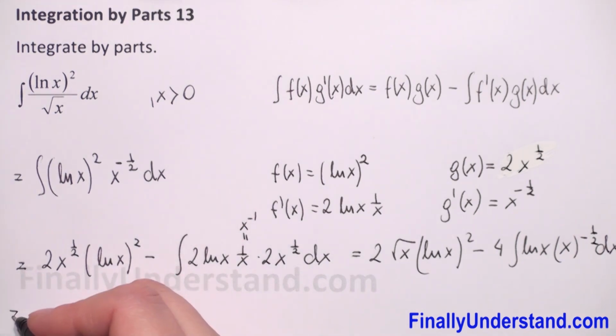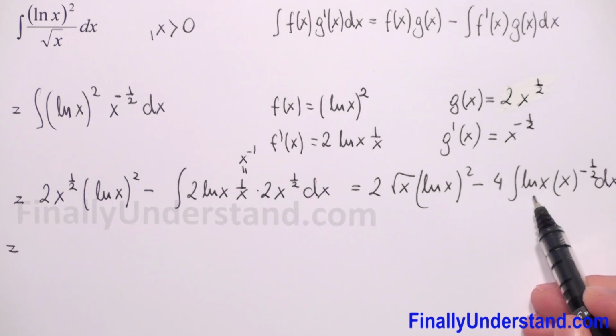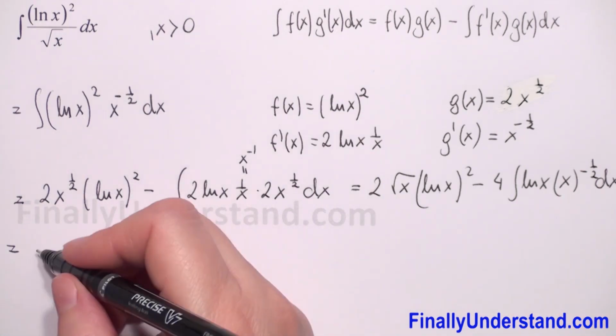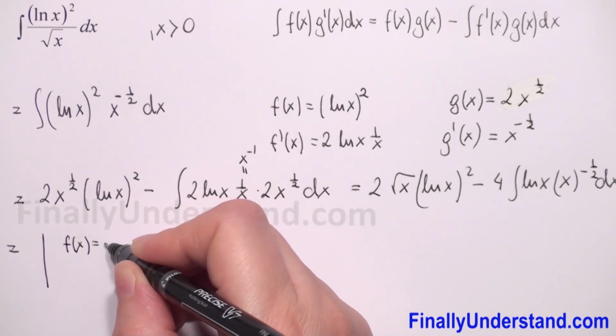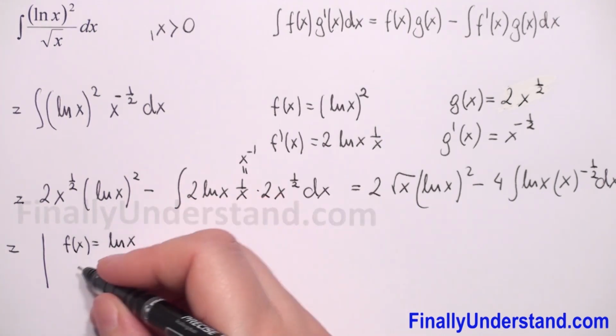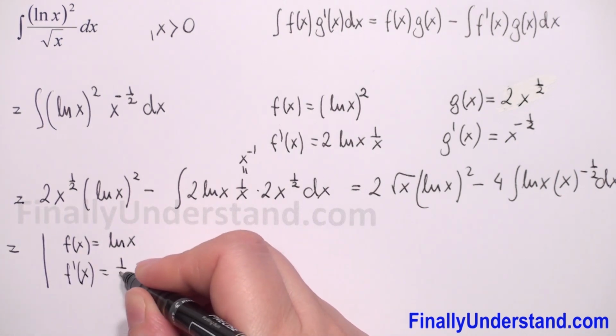So now, to reduce this natural logarithm of x, we need to do integration by parts one more time. Again, I will put f of x is equal to natural logarithm of x. So f prime of x will be 1 over x.